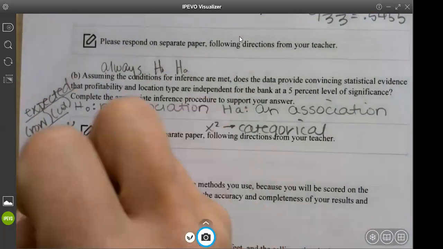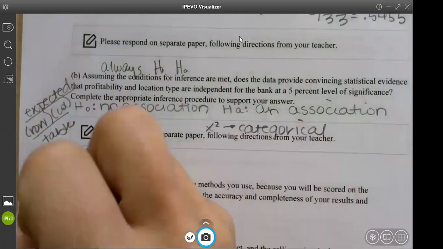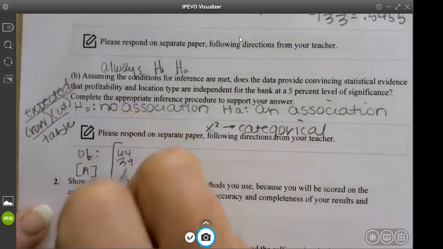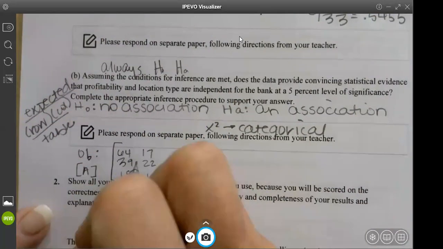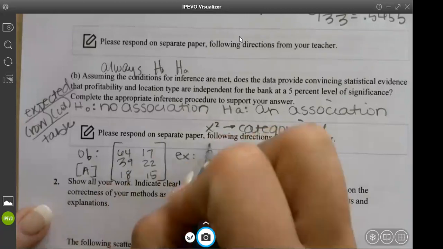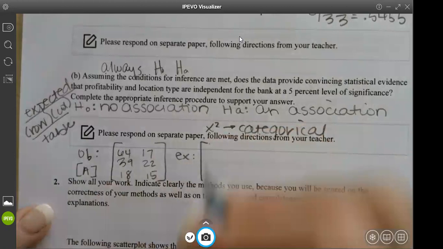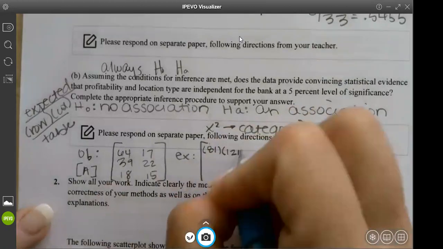So again, for your observed, your matrix A, that's a B, sorry. Your observed. You're putting in your 64, your 39, your 18, 17, 22, not 20, yeah, 22 and 15. For your expected, and I'm not going to write all of these out, I'm just going to show you the first couple. 81 times 121.